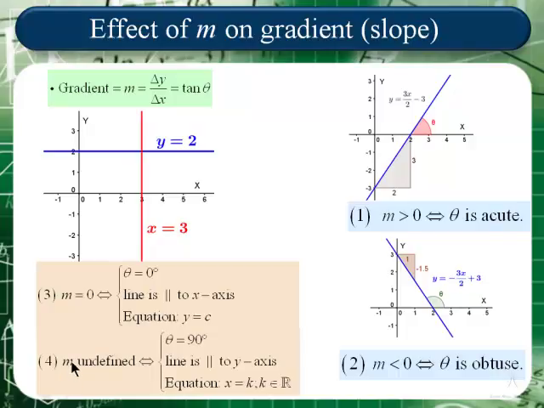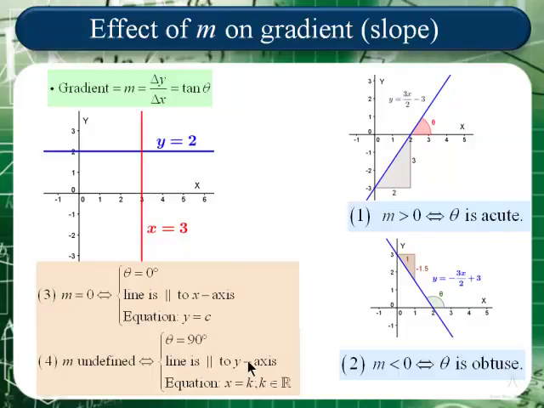And the last one, when is the gradient undefined? Well, remember, undefined can either be plus or minus infinity, depending on whether you approach 90 degrees from within the second or the first quadrant. Now, this is the case when the angle is 90 degrees, like in the case of the red straight line.